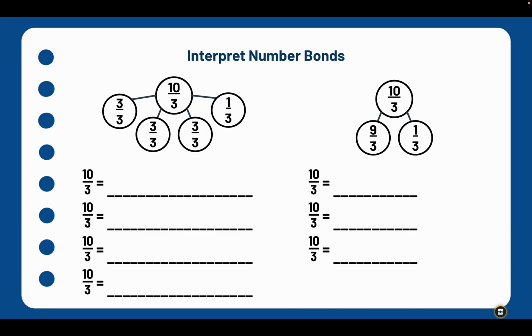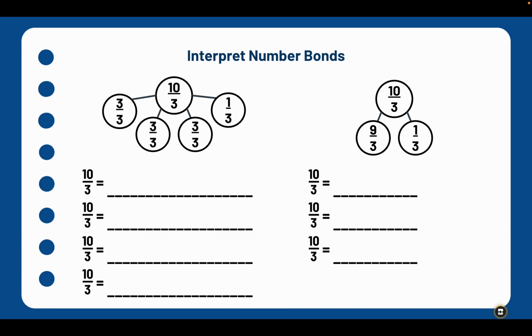Let's look at 10/3 represented as these two different number bonds. Both number bonds show the total 10/3 decomposed. One number bond shows 10/3 decomposed into 4 parts, where 3 of the parts are 3 out of 3 and 1 part is 1/3.